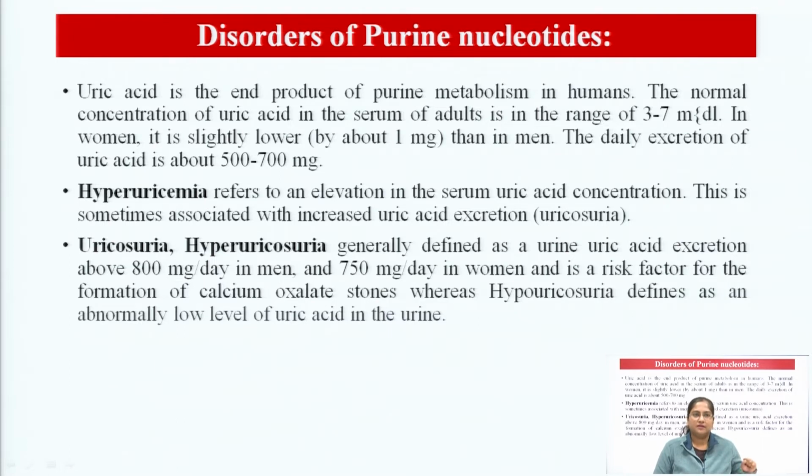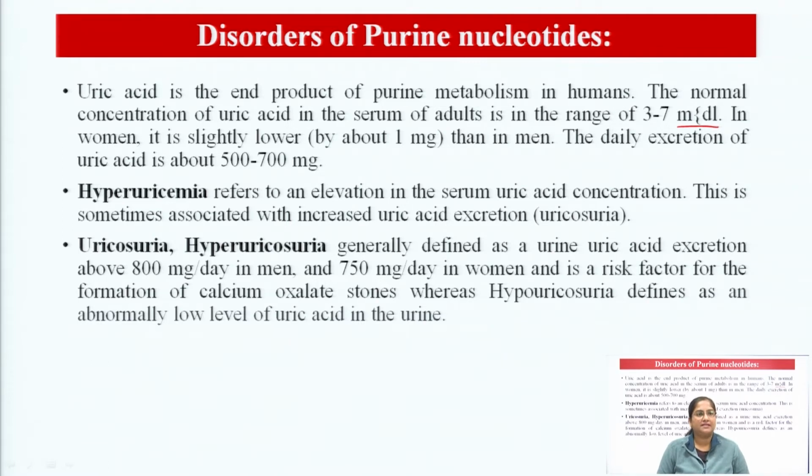Uric acid is the end product of purine metabolism. The normal concentration of uric acid in the serum is about 3 to 7 mg per deciliter in men.